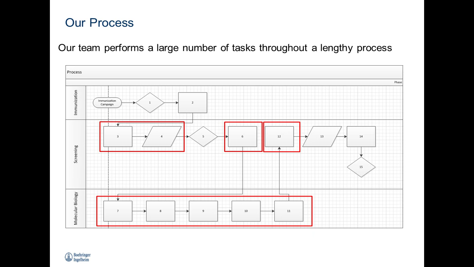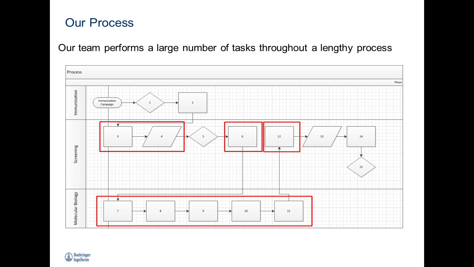So at this point, I will go over our process here at Boehringer briefly. Obviously, I cannot provide a lot of detail as to what our discovery process is, but I can say that we do perform a large number of tasks, and it is a rather lengthy process, and we implement some degree of automation at several points throughout that process.